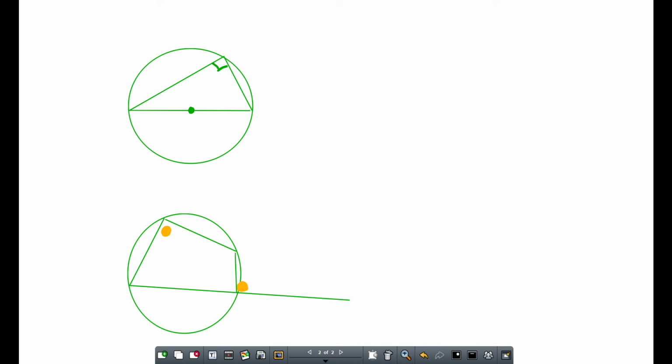So this is an exterior angle of a cyclic quad. They say there in the textbook, GFH is equal to angle D, exterior angle of a cyclic quad.